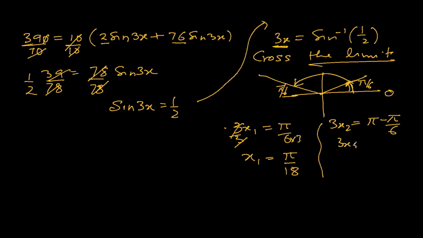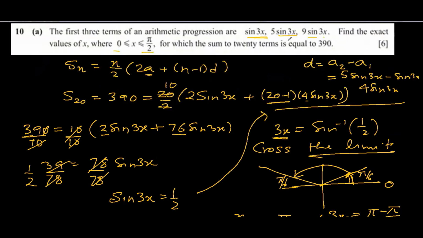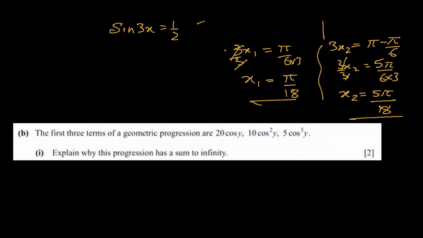So 3x2 is equal to 5 pi by 6. So again divide by 3, x2 will be 5 pi over 18. These two are the values of x. That's what they're saying: find the exact values of x. And since they said exact value, we don't need to change it. Let's move on to the next one.